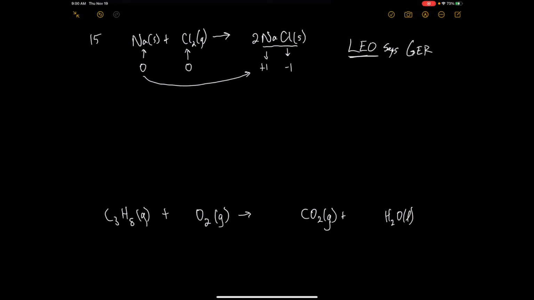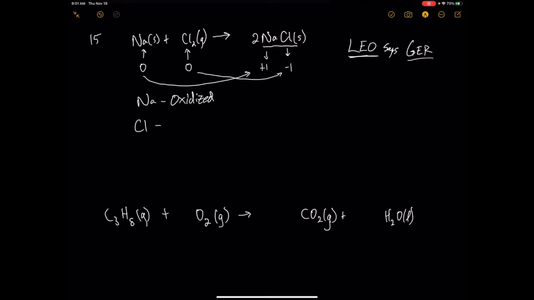So sodium has lost an electron, so sodium is oxidized. And I'm speaking of sodium, the atoms, not necessarily the solid, okay? Now I look at chlorine, and chlorine has become more negative, which means it has gained an electron. And when an electron is gained, that has been reduced.